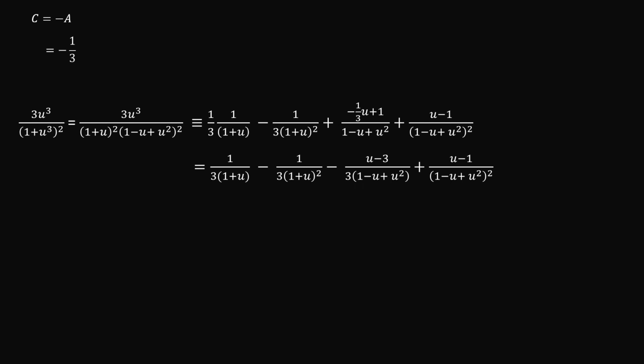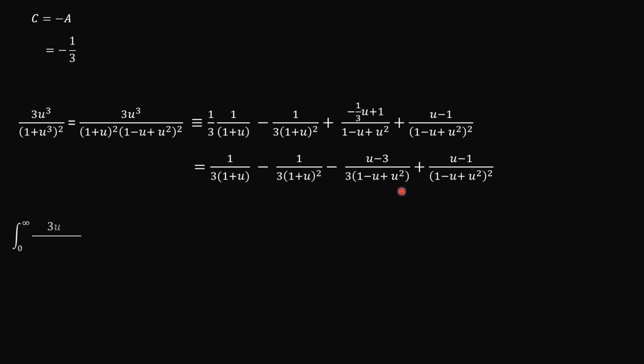For example, we can multiply by 3 both the numerator and denominator, so that in the third term here we get (u - 3)/(3(1 - u + u^2)).